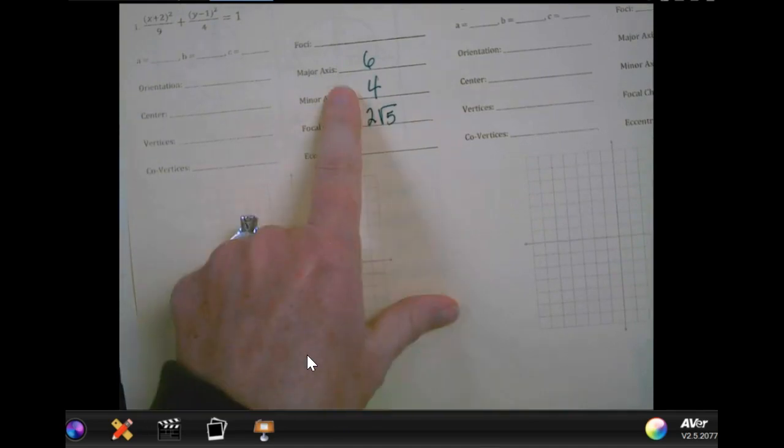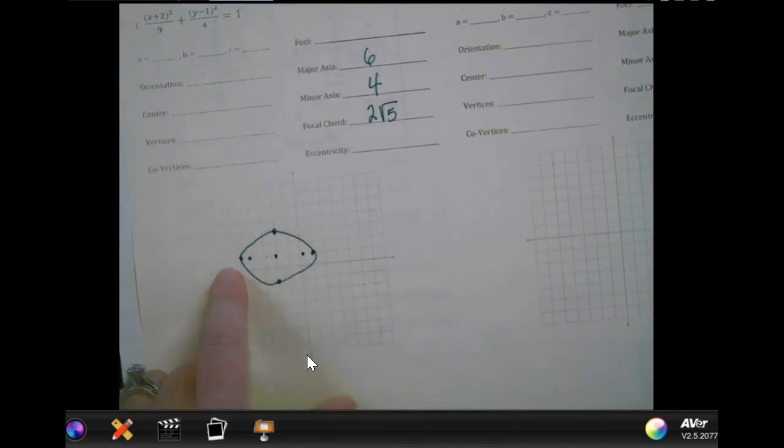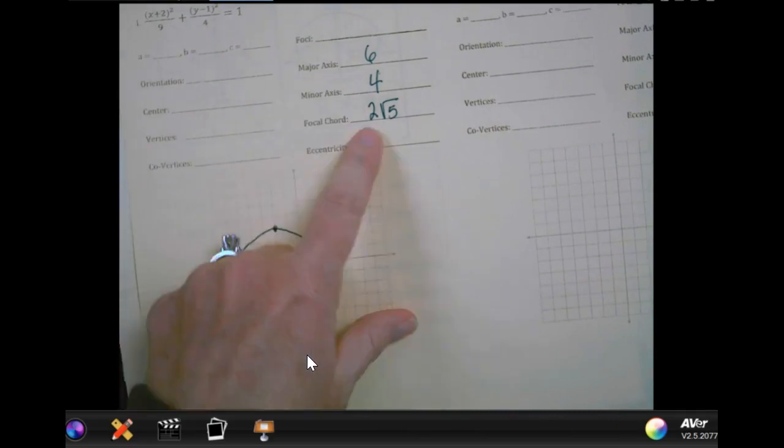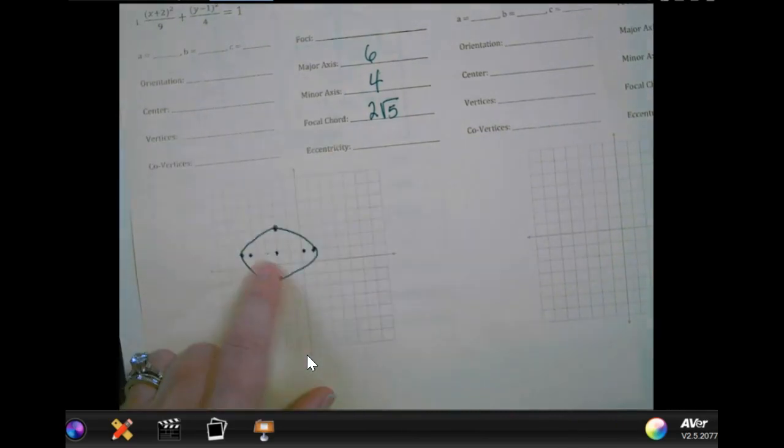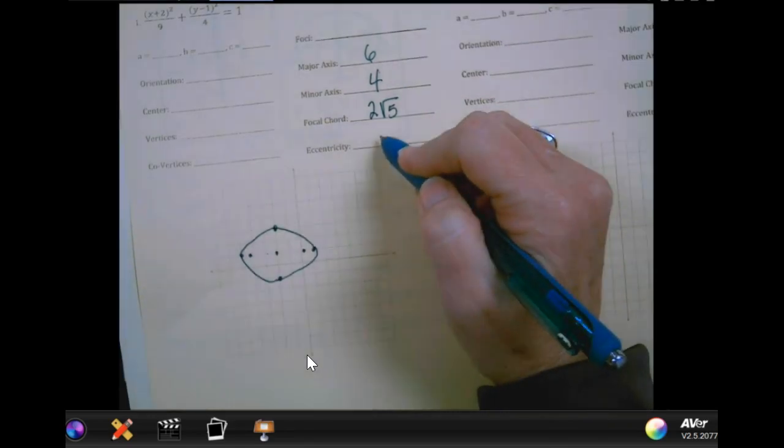So the major axis, if we counted 3 this way and 3 this way, how long is it? 6. And we count 2 up and 2 down, it's 4. And if I have plus or minus the square root of 5, I have a square root of 5 on this side and a square root of 5 on this side. So I have 2 square roots of 5. Okay? So the eccentricity.